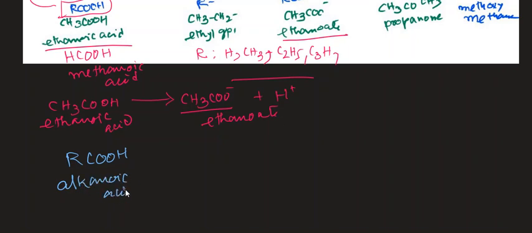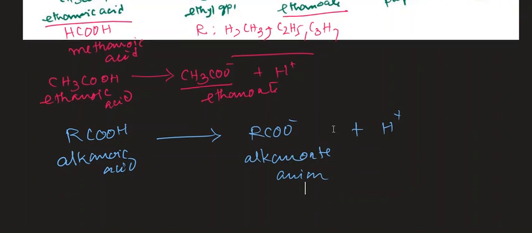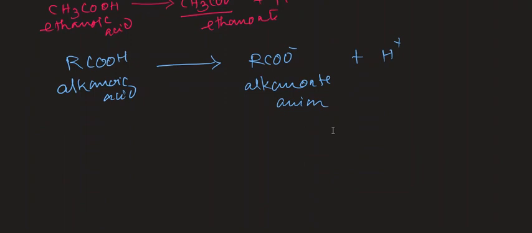So this alkanoic acid can lose the proton H+, and then you get RCOO-. What is this? This is called the alkanoate anion. If it is formic acid, you can write formate. Formic acid is the common name, and what is the IUPAC name? Methanoic acid.